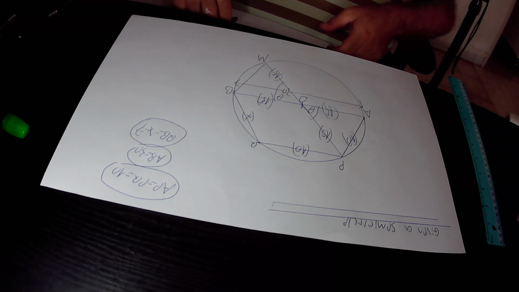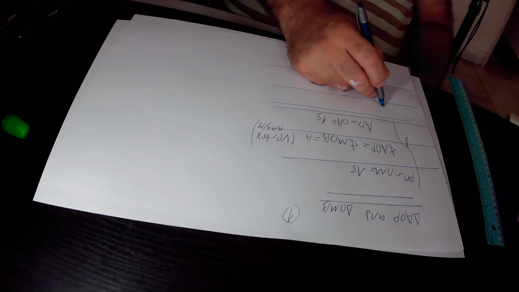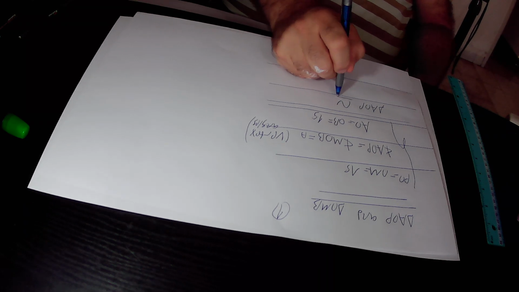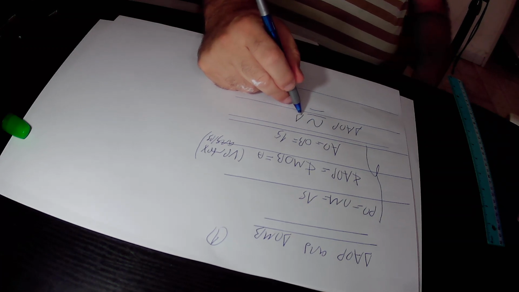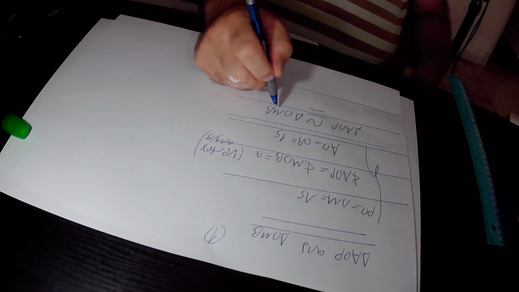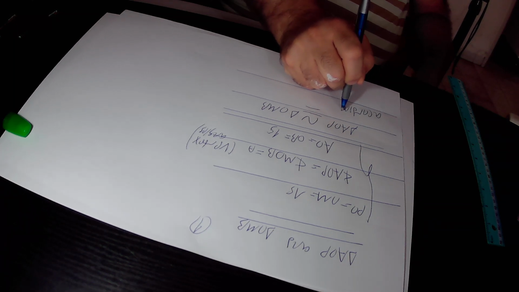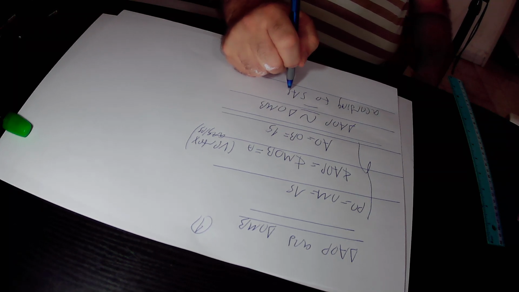So I'll write it down. We found out that triangle AOP is congruent, this is the sign of congruent, to triangle OMB according to the side angle side rule.